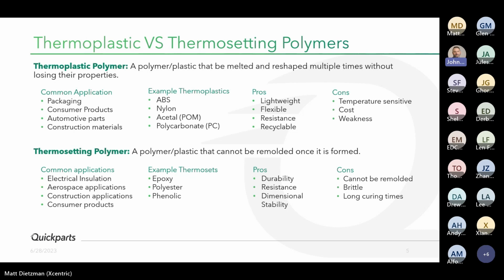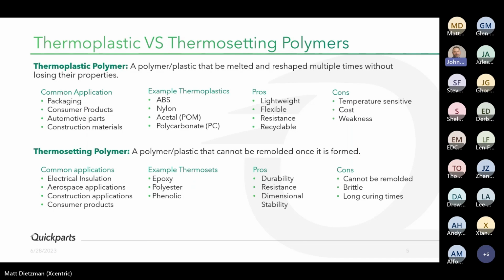The pros: the recyclability, resistance, they're flexible, lightweight. Cons: you can only get so much temperature resistance with them. Some materials can be costly, and they may not be as strong as compared to a thermoset.